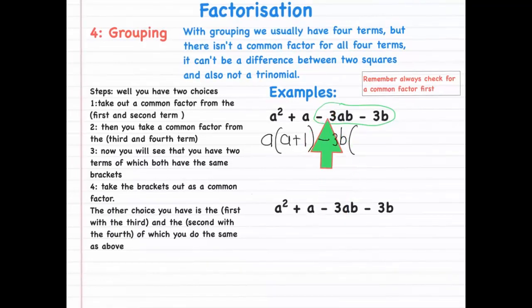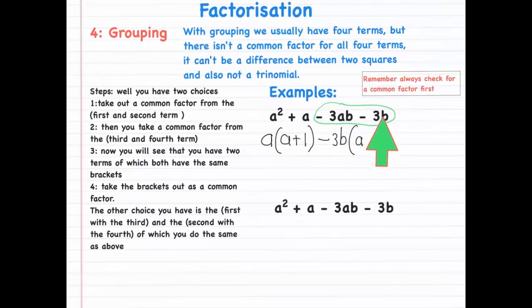So we take that term divided by this one. Remember, don't forget about the sign as well, because we took out a minus 3b from both, right? So a minus and a minus is a plus, so it's going to be a positive term there. 3 divided by 3 is 1. ab divided by b is just the a, right? So we are just going to be left with an a. And then we're also going to end up with a plus.